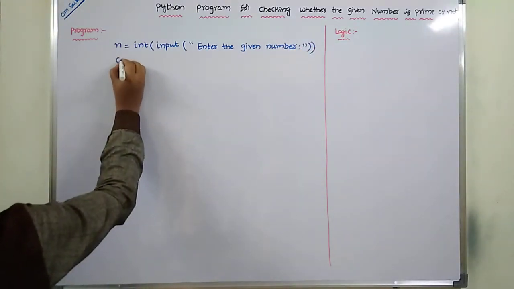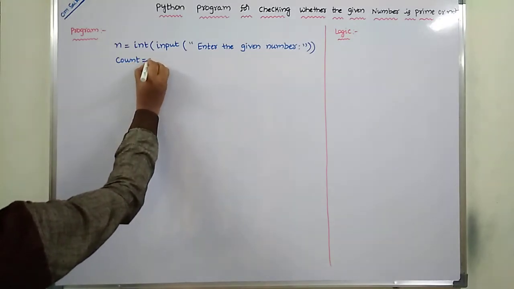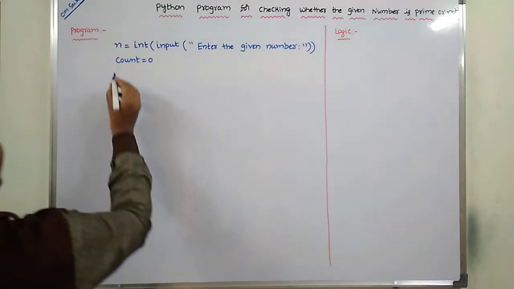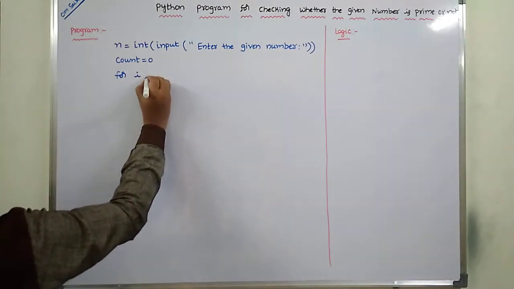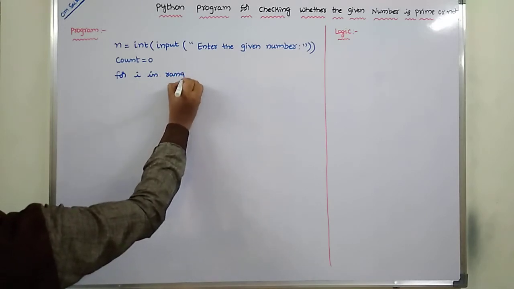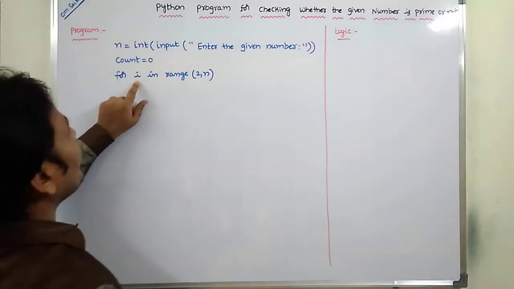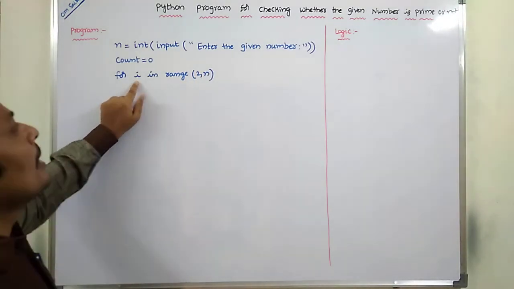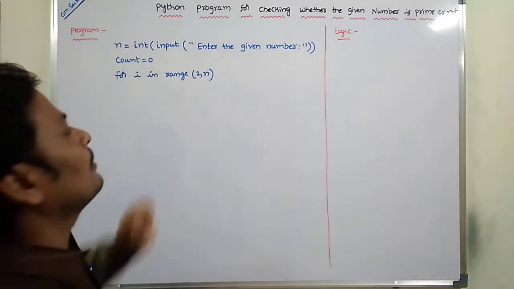Next, I am taking another variable, count, which is equal to 0. Next, I am taking a for loop: for i in range 2 comma n. Here i is a loop variable starting from 2 and ending with n.